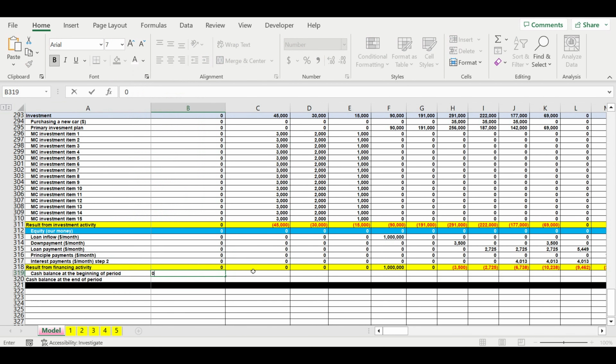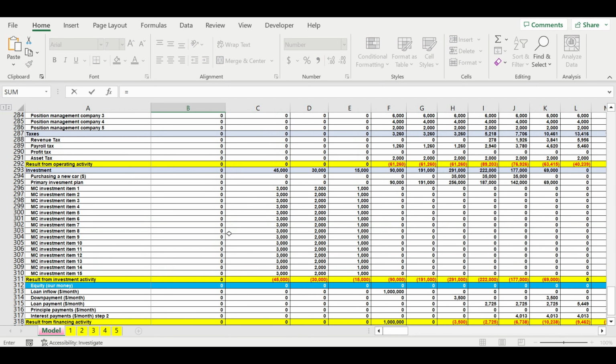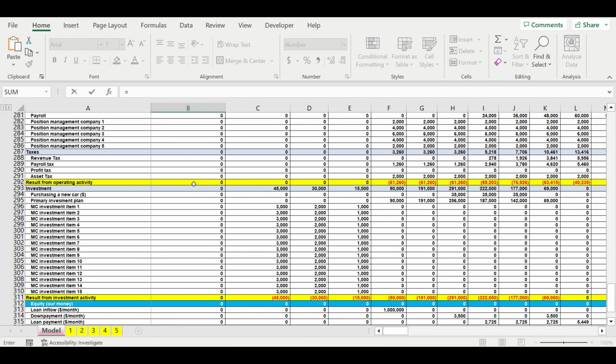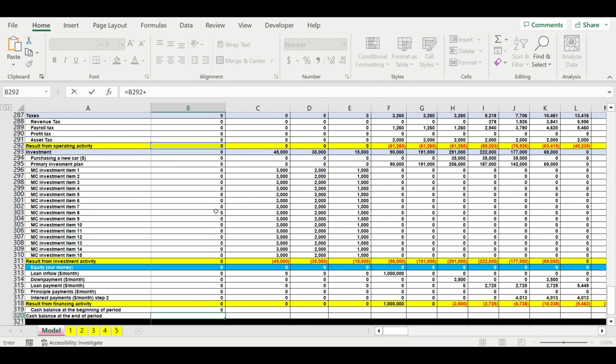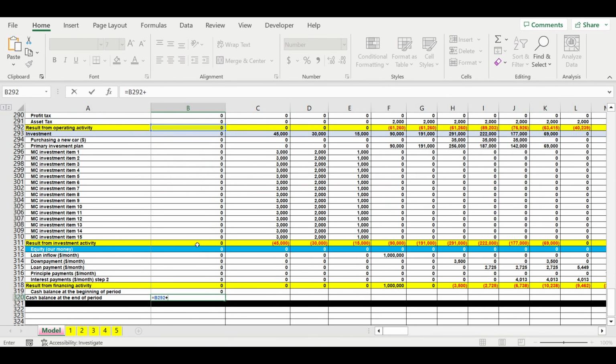So here we have 0, then cash balance at the end of the period, we will have result from operating activity plus the result from investment activity plus the result from financing activity plus cash balance at the beginning of the period. Then this ending cash balance becomes the starting balance for the next month.